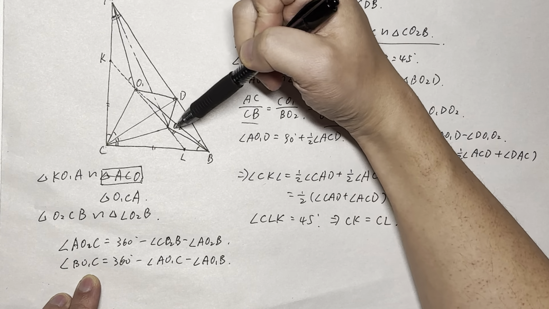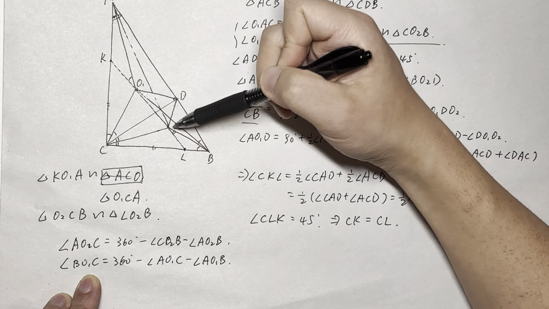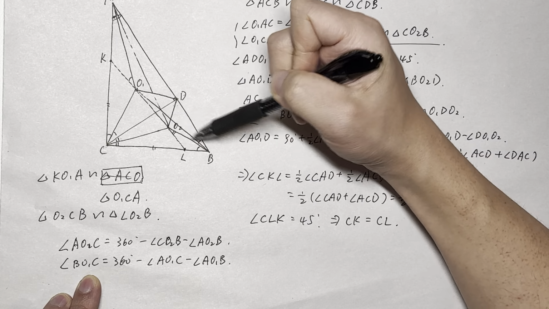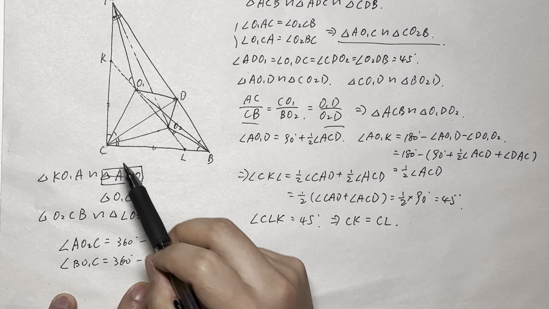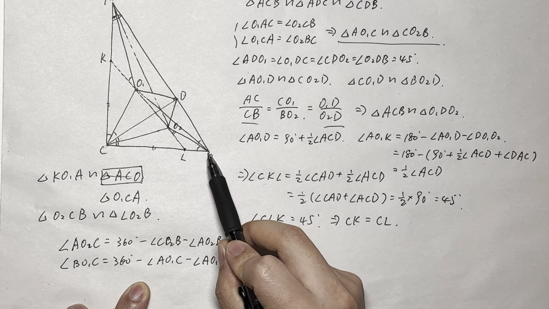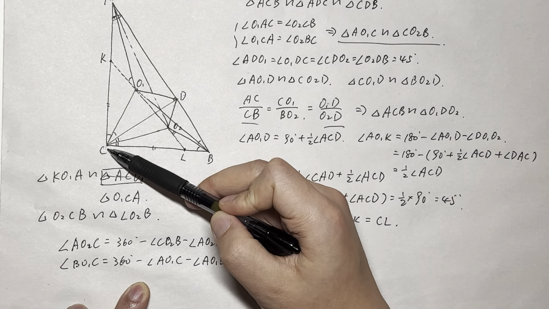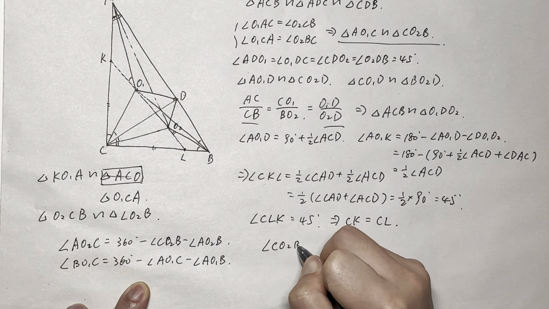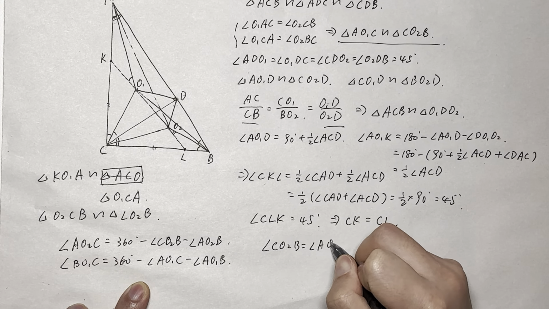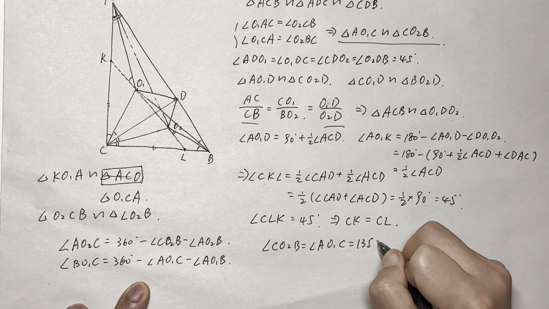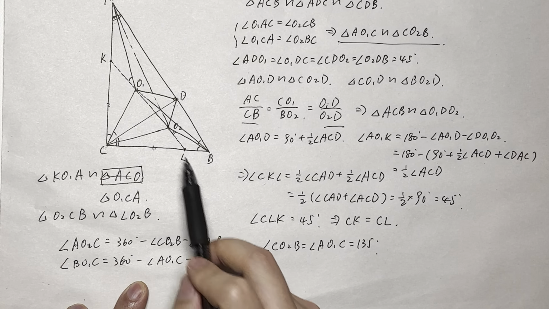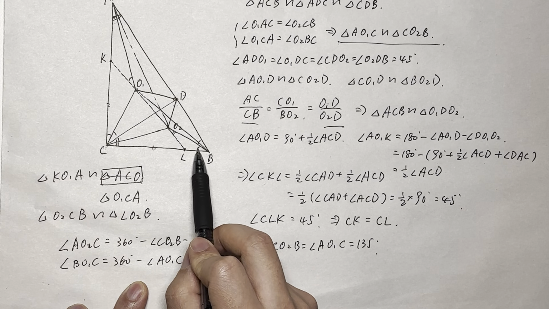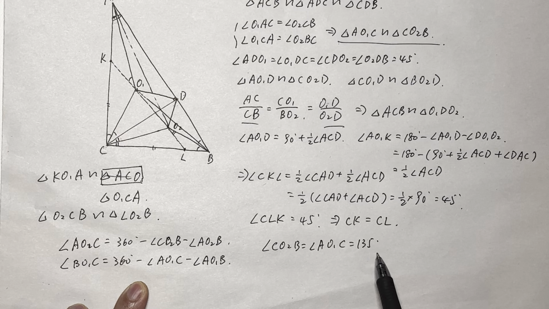The angle CO2B equals to angle AO1C equals to 135 degrees, right? Why? Because this is 180 degrees minus the summation of the rest of two angles, that's 45 degrees, so it's 135 degrees.